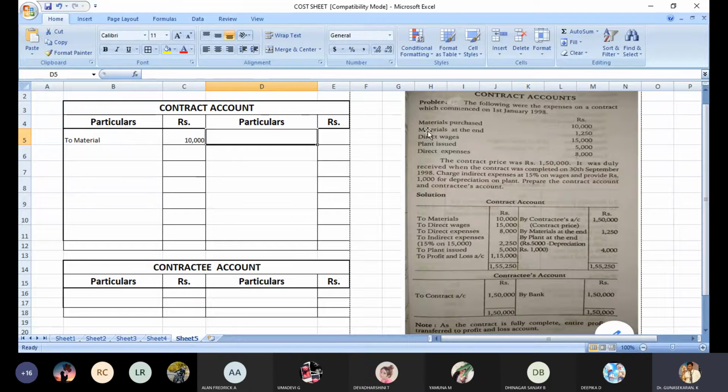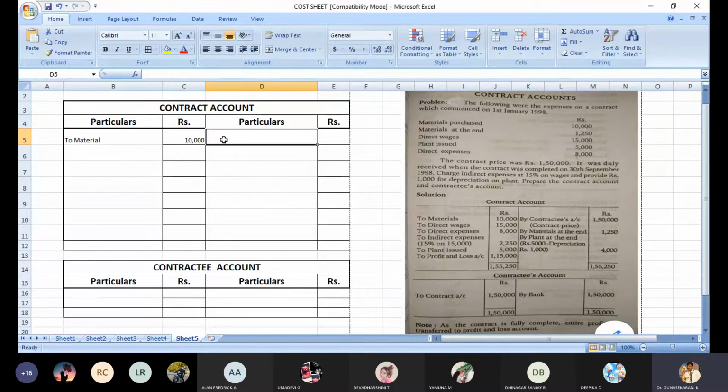Okay. Next expense: material at the end. Material at the end means that is not an expenditure. That is not an expense. At the end means closing stock of material, 1250. So that amount should be entered on the credit side because that is closing stock.